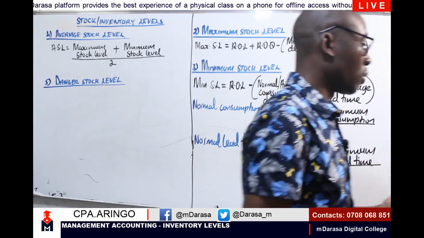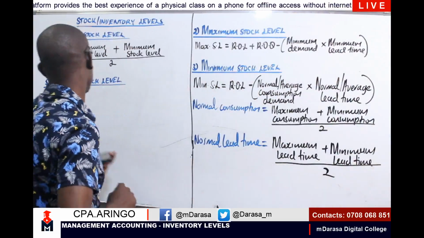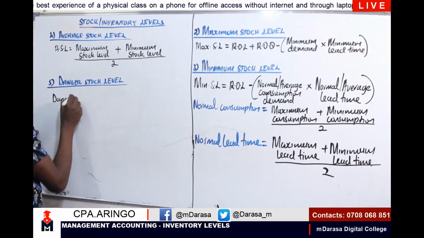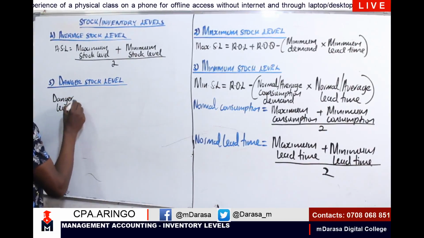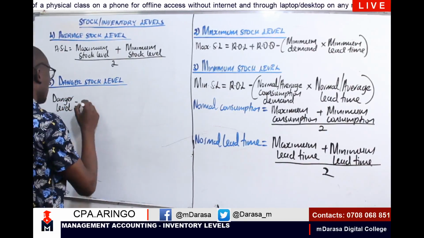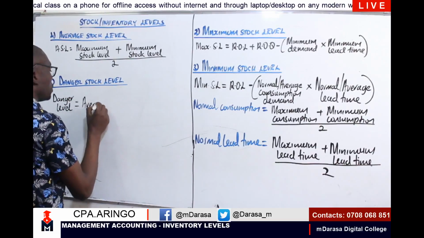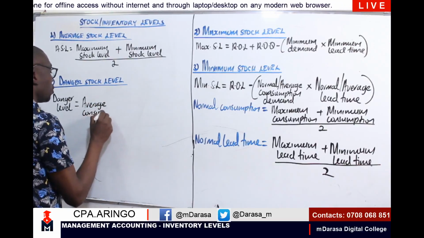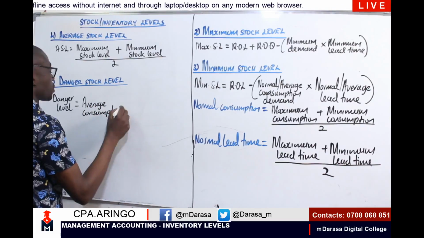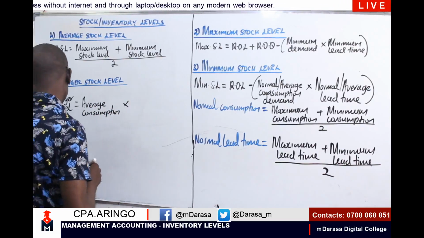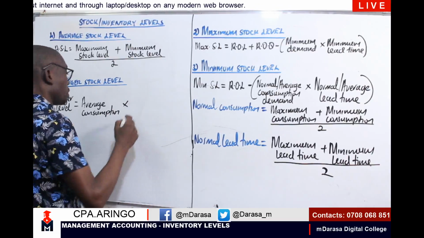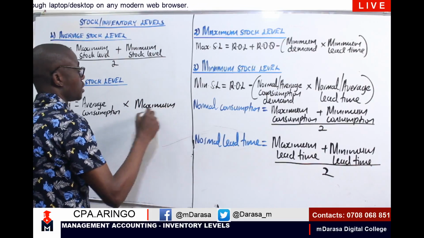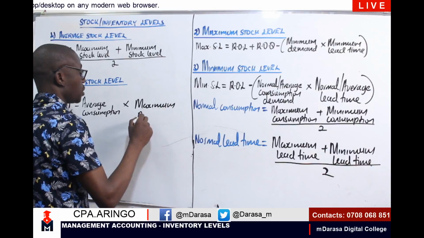And to determine our danger level, in the event that I'm requested to determine it, this is how we are going to work it out. We take our average consumption or demand, and multiply by our maximum reorder period.